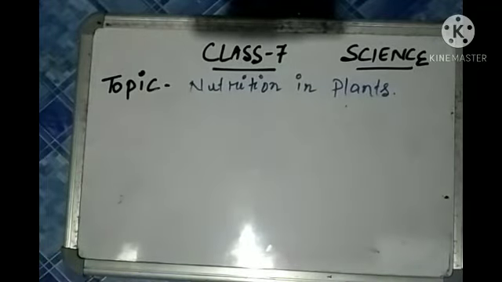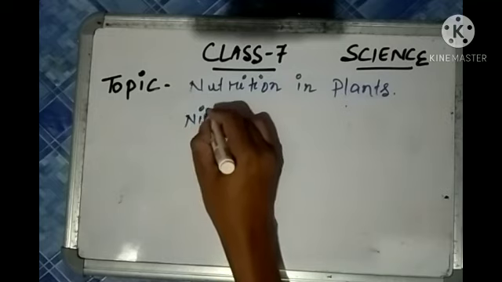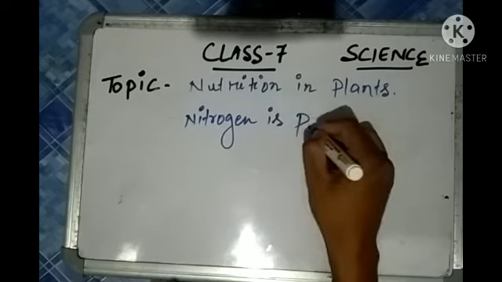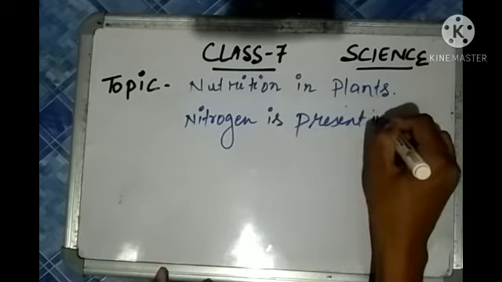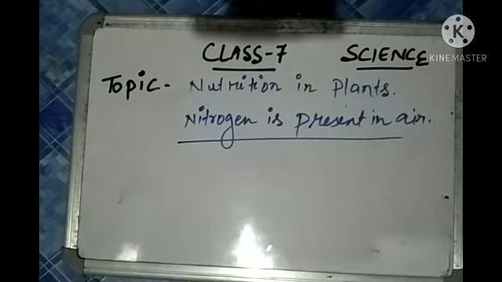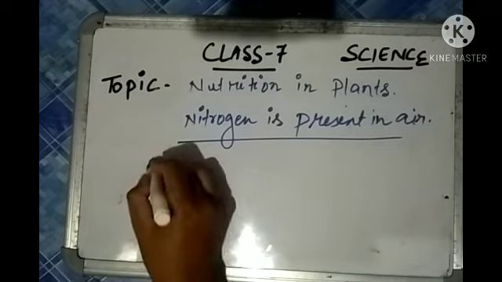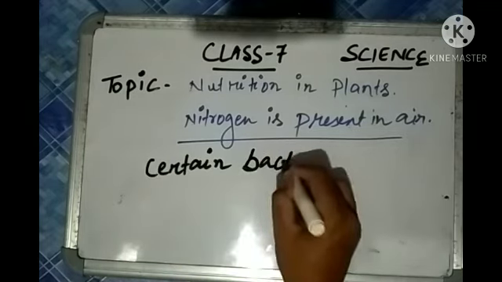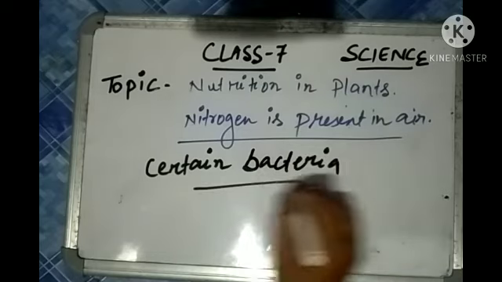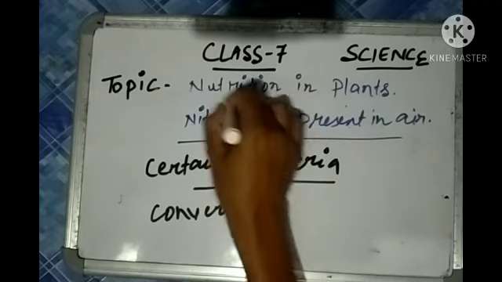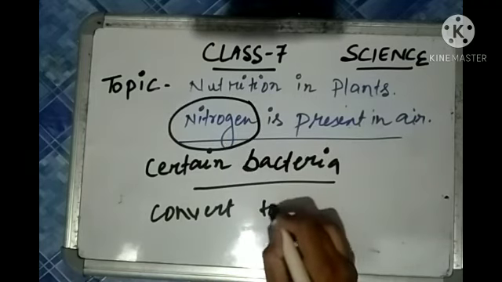So nitrogen is present in air. But the problem is, plants cannot absorb nitrogen present in the air directly. So in this case, there are certain bacteria in the soil which help to convert this atmospheric nitrogen to a usable form.